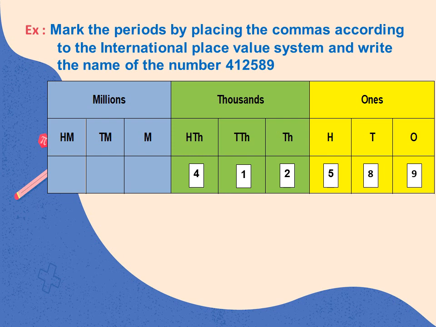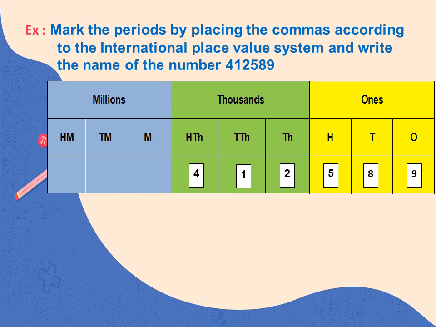Since the digits 4, 1, 2 come in thousands period, we read all 3 digits together as 412 thousands. We read it as 412 thousands because 412 comes in thousands period and 589 comes in ones period.